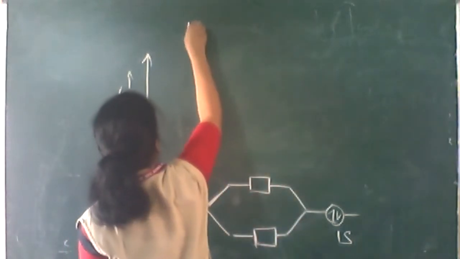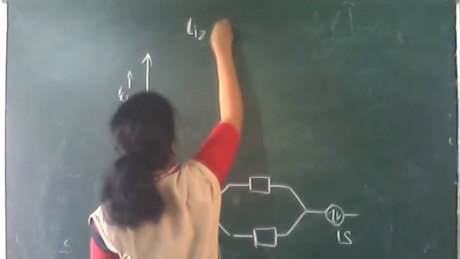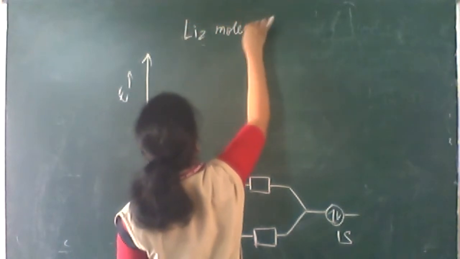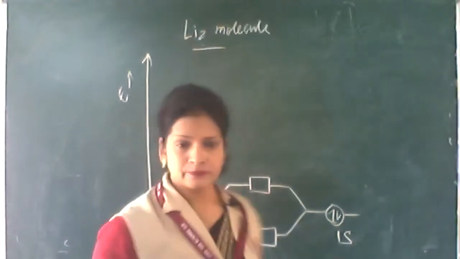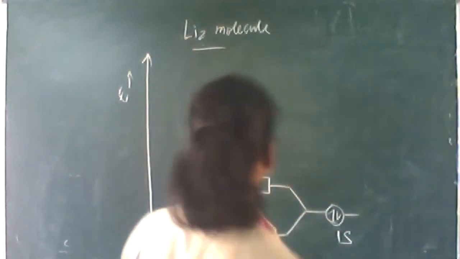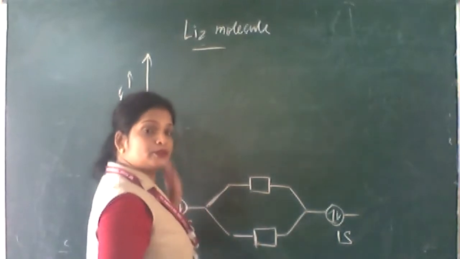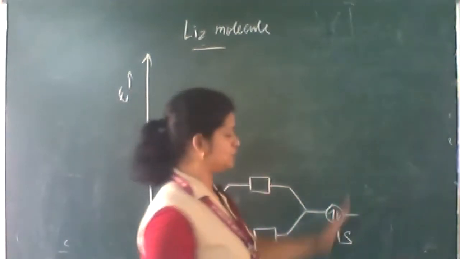The Li2 molecule, homonuclear diatomic. Next is 2s. This side 1s2, 2s2. Similarly, 1s2, 2s2.